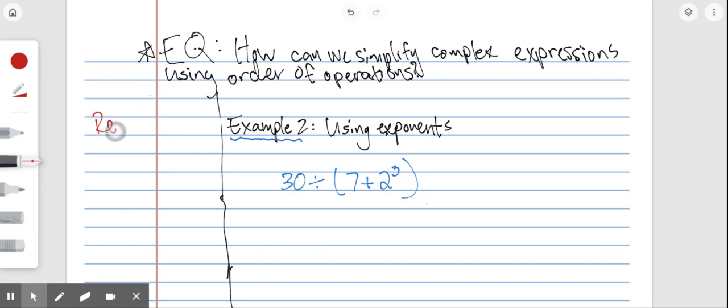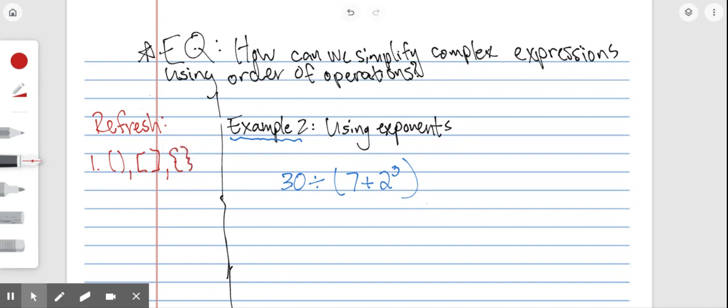Over here on the left, you should have refresh. We're going to refresh the order of operations, which starts with step 1. The first thing that we do in a complex expression is deal with parentheses, brackets, and other grouping symbols like curly brackets.